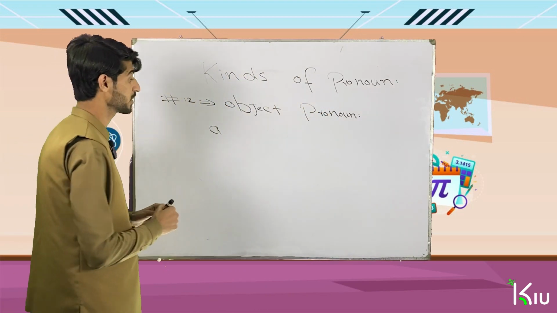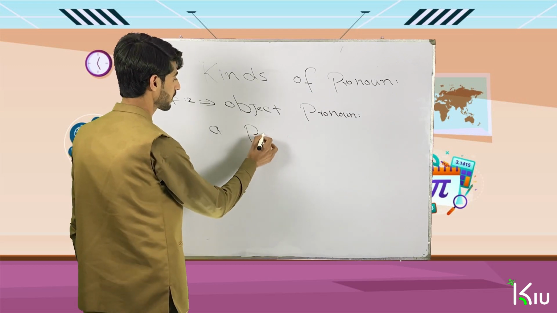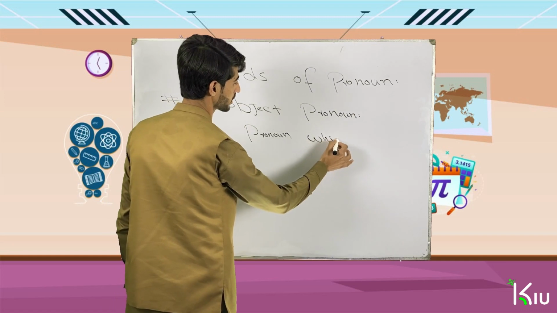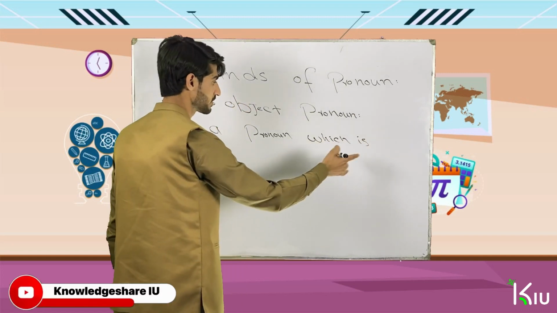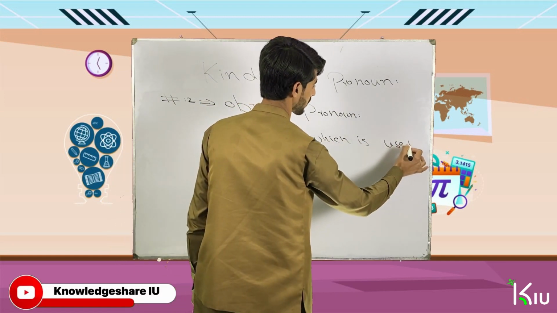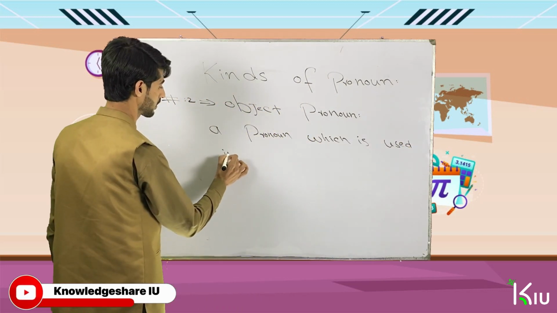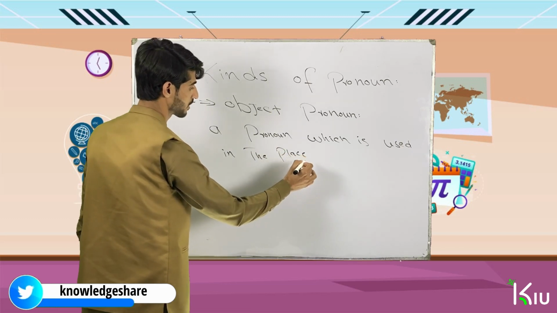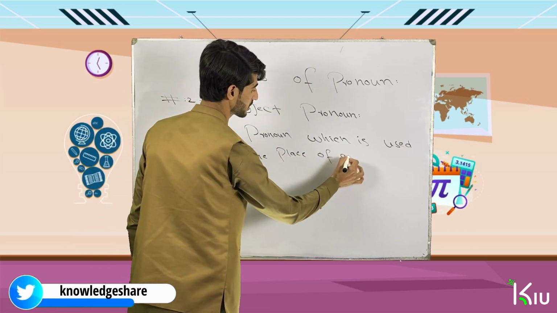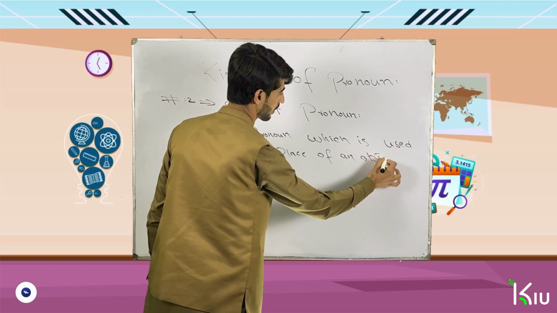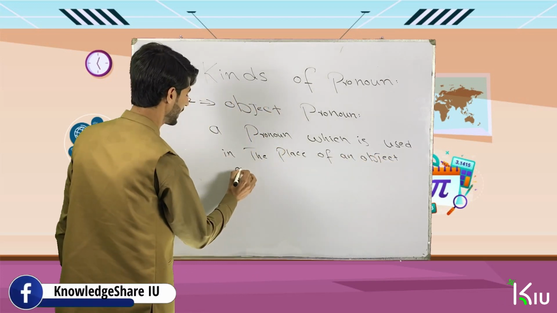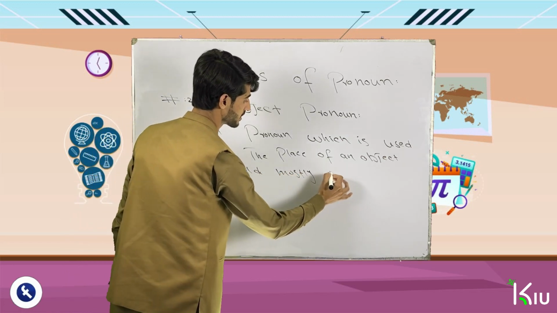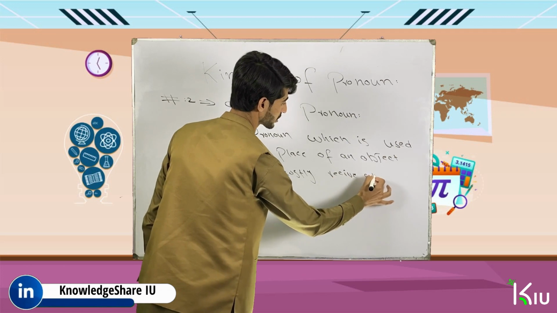In kinds of pronoun, number second, we have object pronoun. What is object pronoun? Object pronoun is a pronoun which is used in the place of an object and mostly receives an action.